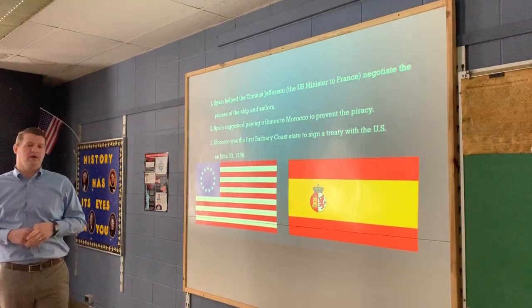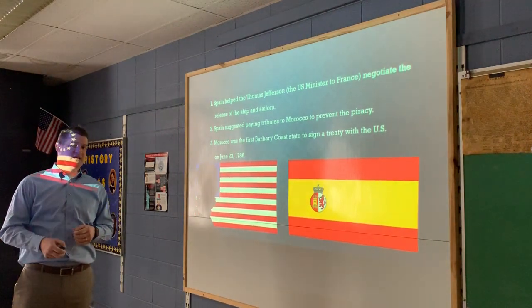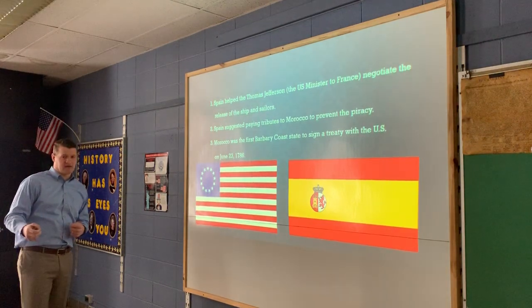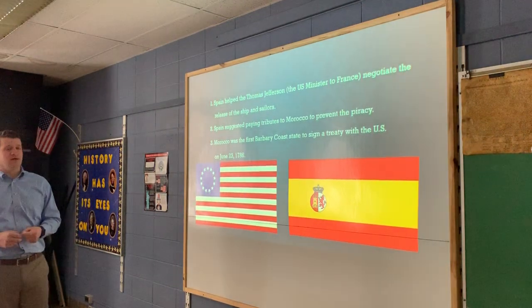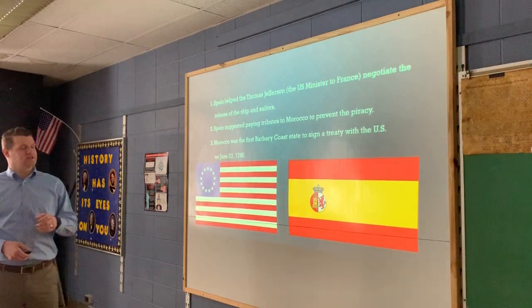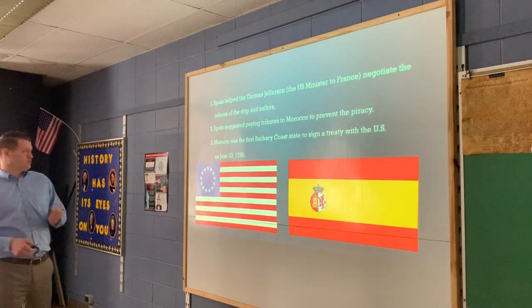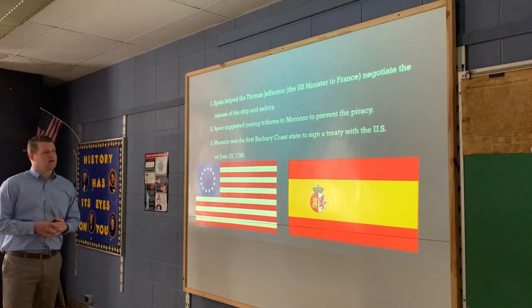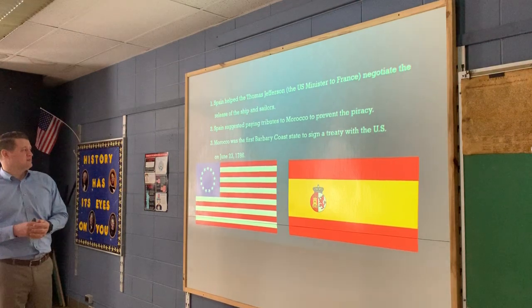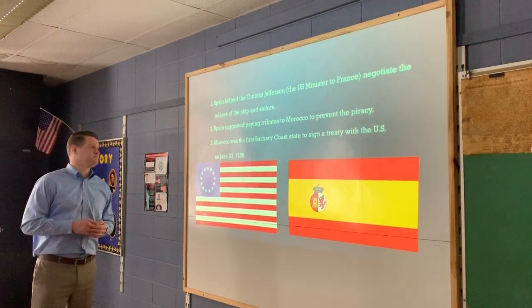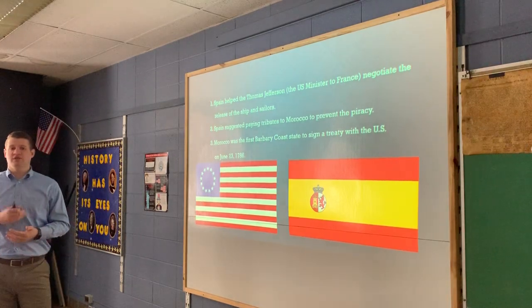Spain suggested doing what Spain and the rest of the European countries did, which was pay this money to the pirates ahead of time to prevent them from pirating and stealing, kidnapping their sailors, etc. And then on June 23rd, 1786, Morocco became the first Barbary Coast state to sign a treaty with the U.S.